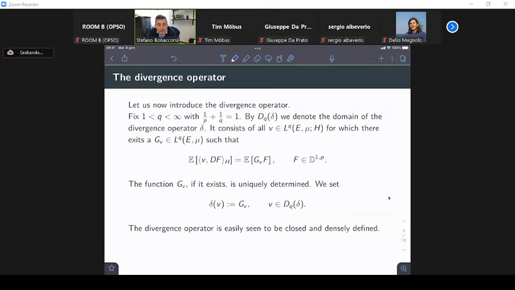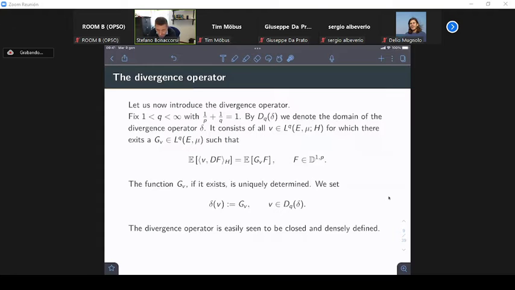Once you have the Malliavin derivative, you can also consider its adjoint operator that we call divergence, since the first one is a derivative somehow. And this definition is, again, quite standard, but let me just give you shortly what I mean. I just take a domain, and notice that in the general case, I have to take also the conjugate exponent q.